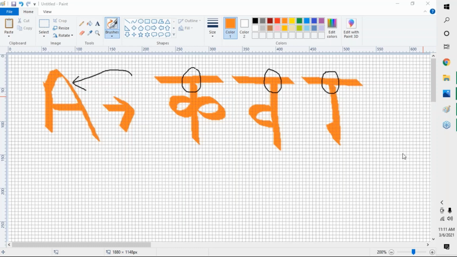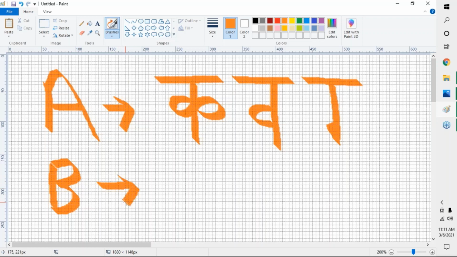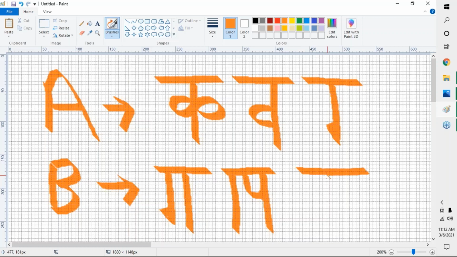Now category B. When it was category B, that meant multiple times. For example, 2 or more than 2 times. Like the example, G, K. It's 2 or more than 2 times.